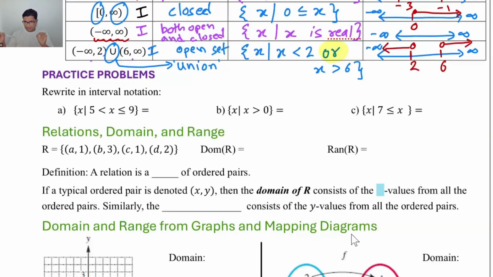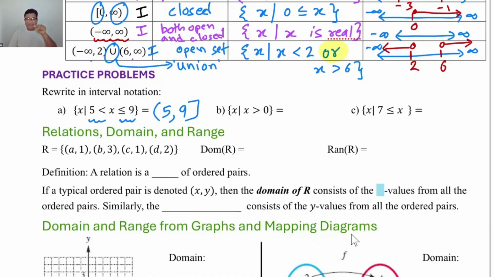The three sets are given to you in set builder form. You have to rewrite them in interval notation. Okay, if you have been following, it should not be that difficult. 5 is not included, 9 is included, open, closed: 5 to 9.